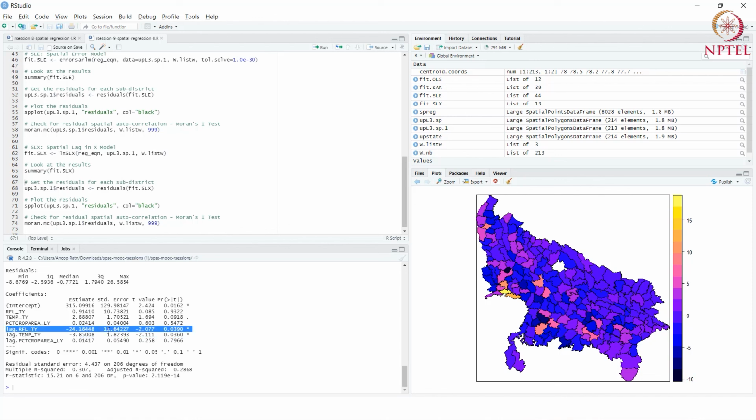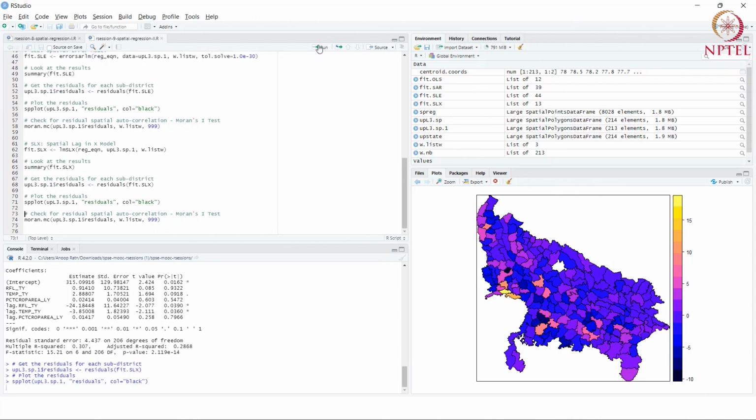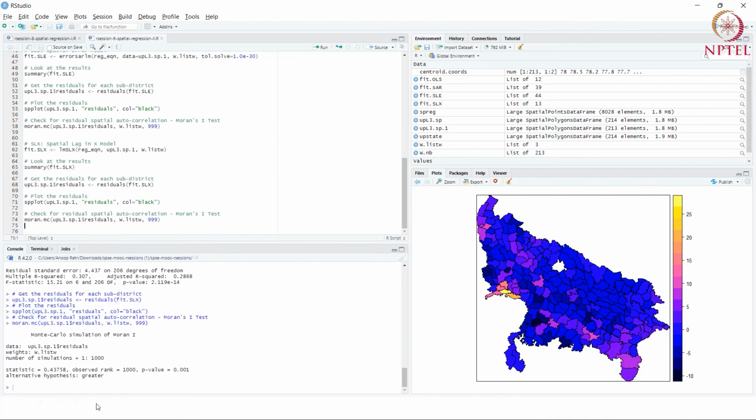Similarly, we see that lagged rainfall has a very high negative sign, and it's significant. So that means groundwater level here is inversely strongly related to rainfall in the neighborhood. And then we can do the same thing. We can plot the residuals for this and run a Moran's I. For this, we still see residual spatial autocorrelation.